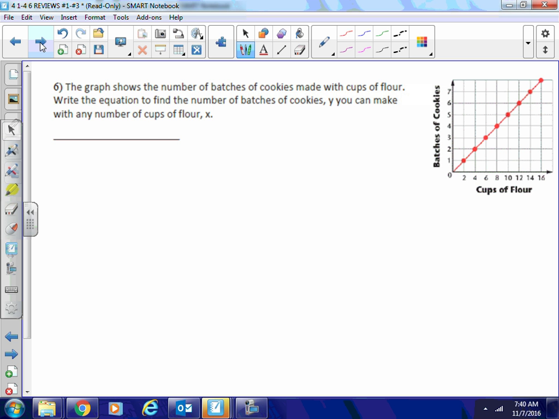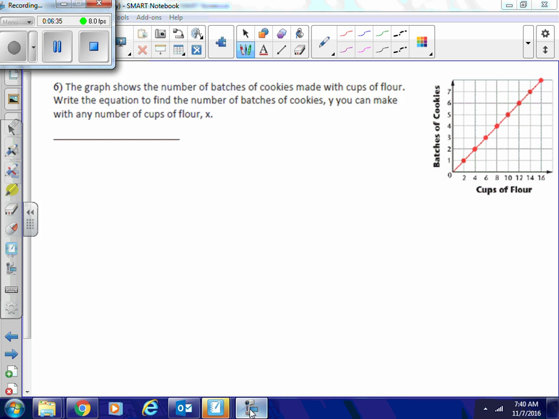Number 6, the graph shows the number of batches of cookies made with cups of flour. Write the equation to find the number of batches of cookies Y you can make with any number of cups of flour. Well, first let's go calculate our slope. When we rise up 1, we are running 2.